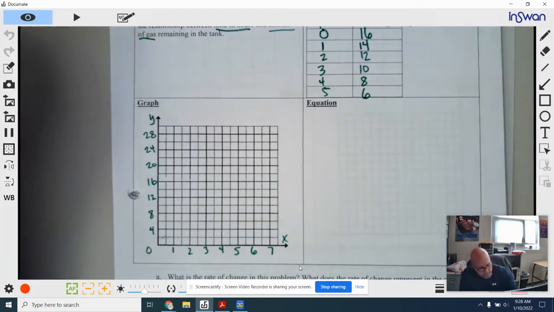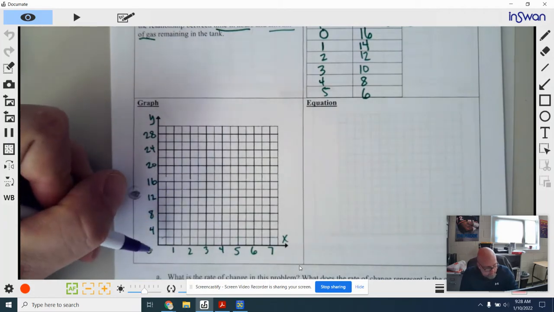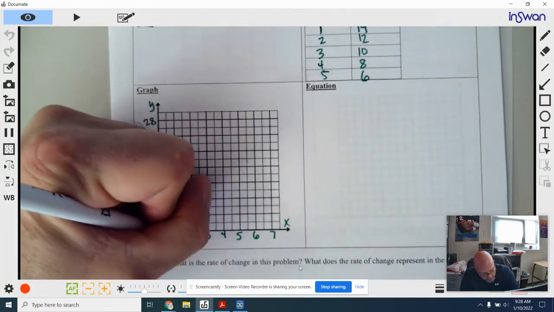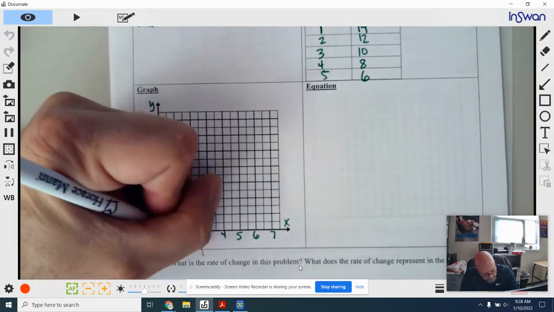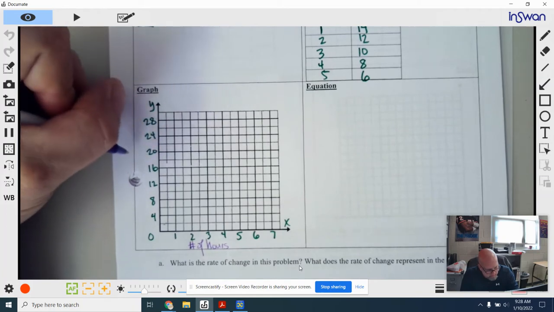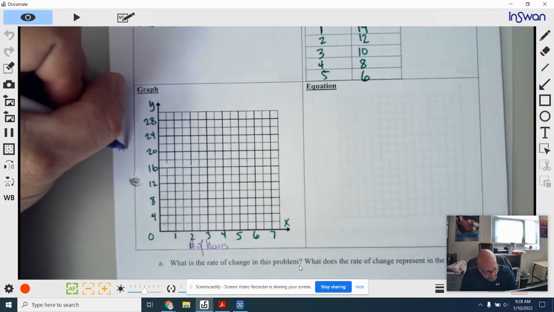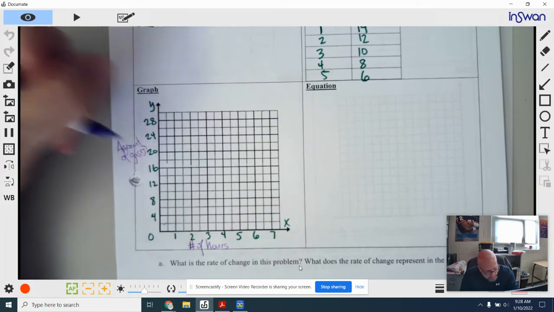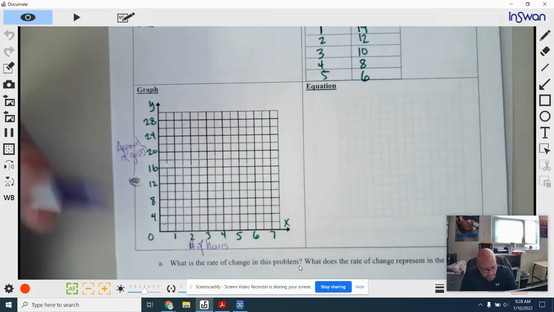Okay, graph this. Oh, don't forget, we also need to put our labels. I almost forgot that. So I'm going to say down here, number of hours. And then over here, I'm going to say amount of gas, with G in parentheses for gallons.